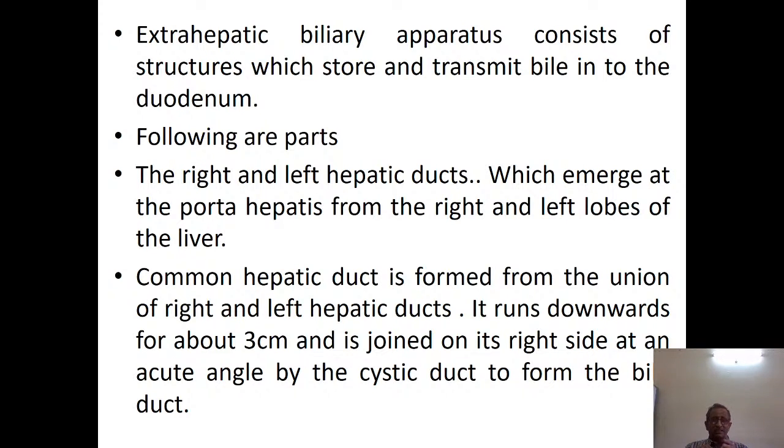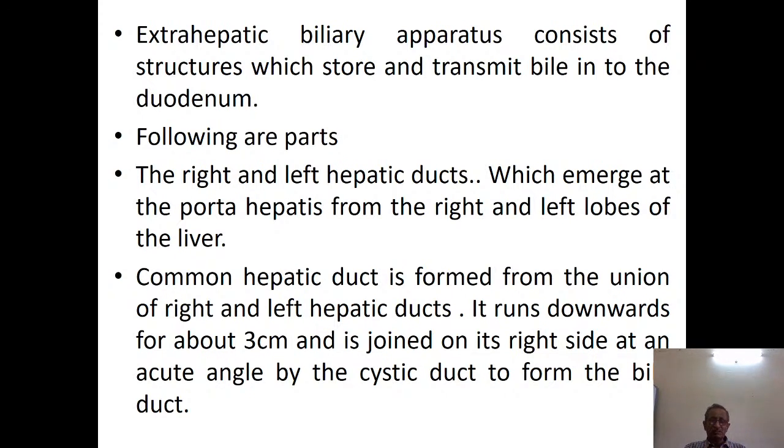This extrahepatic biliary apparatus consists of the structures which are outside the liver and which help in transporting the secretions of the liver into the duodenum.